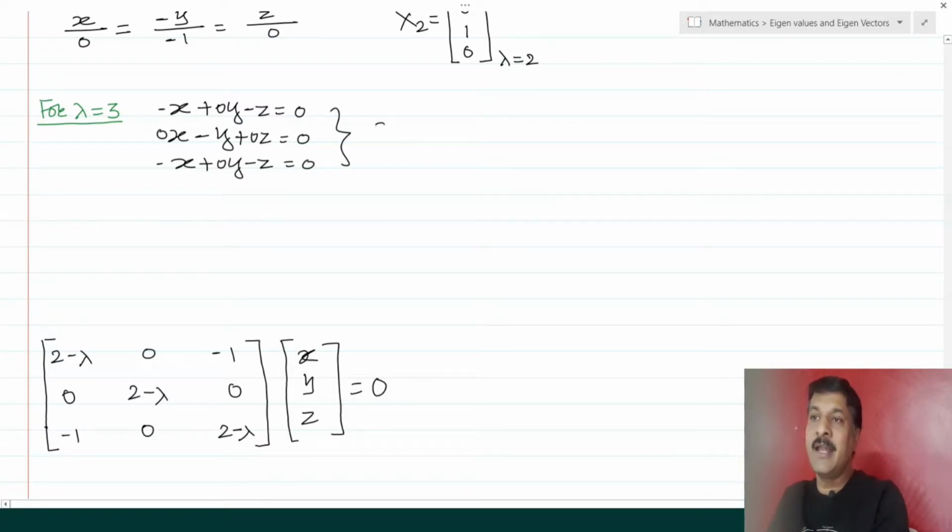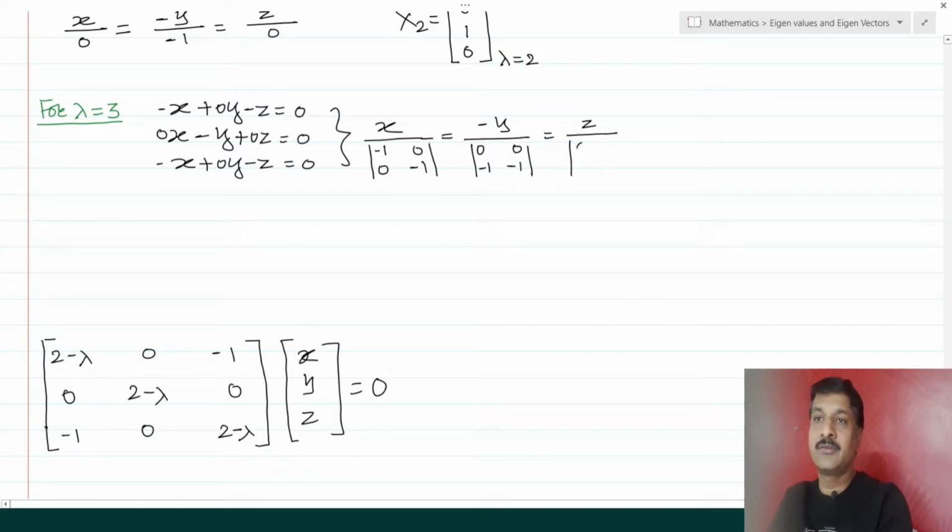And that is why x upon determinant, from the last two equations I am getting minus 1, 0, 0 minus 1, minus y upon determinant 0, 0 minus 1 minus 1, and z upon determinant 0 minus 1 minus 1 0.